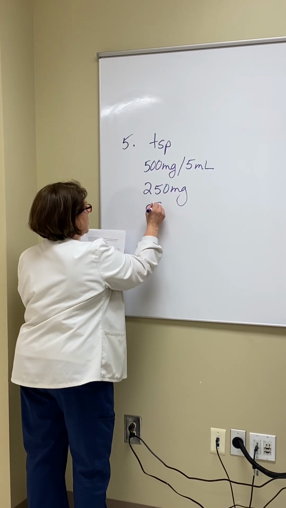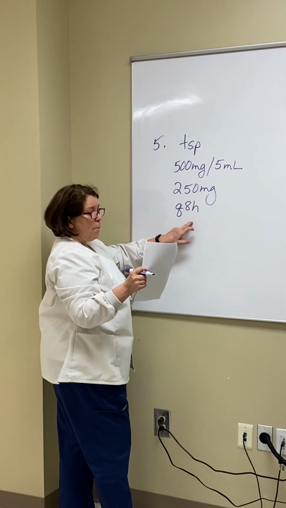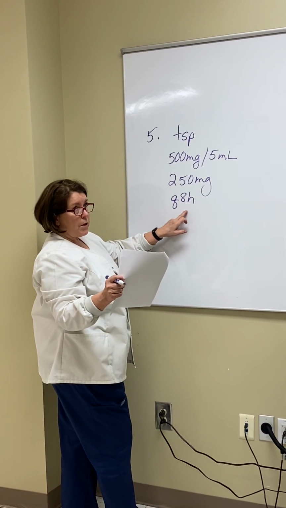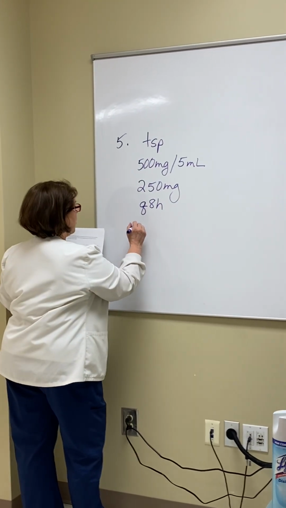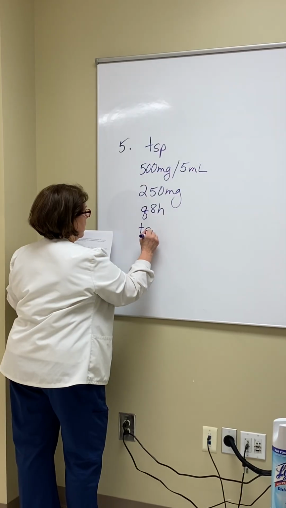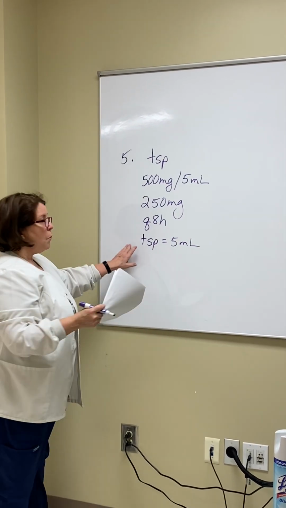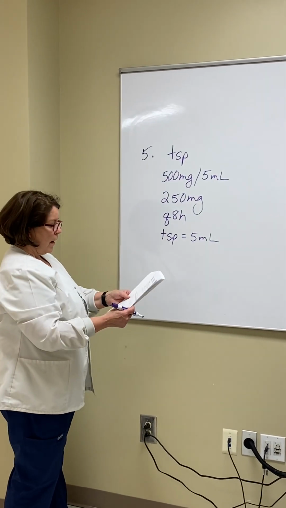Q 8 hours, which means every 8 hours, whether we may or may not need that. We'll just have to see. We don't always need all the information that's given, but we'll see. And we have to add our conversion, and we know that 1 teaspoon equals 5 mLs. If you don't know your conversion, you're not going to get the problem right. You'll struggle. So make sure you know that.